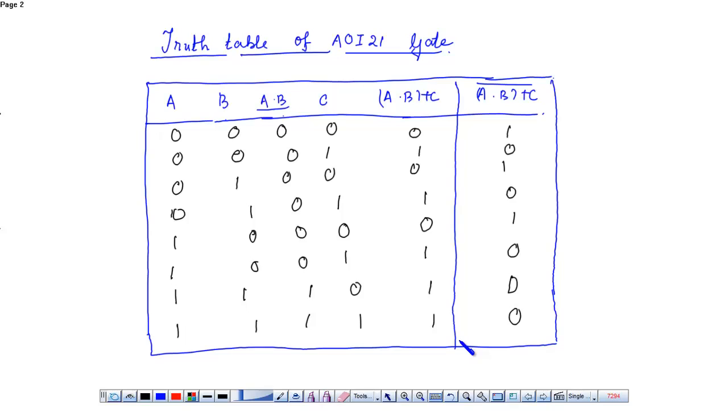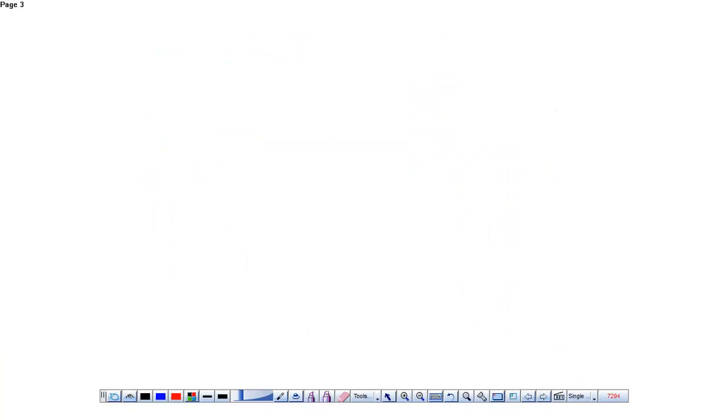Okay, now let's see the schematic diagram of an AOI 21 gate.